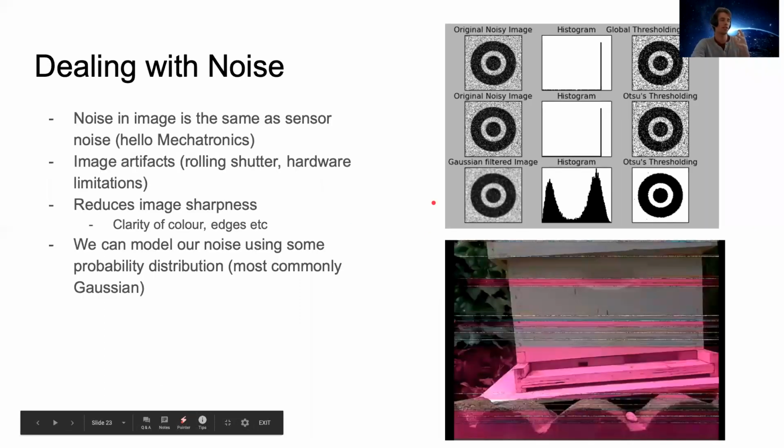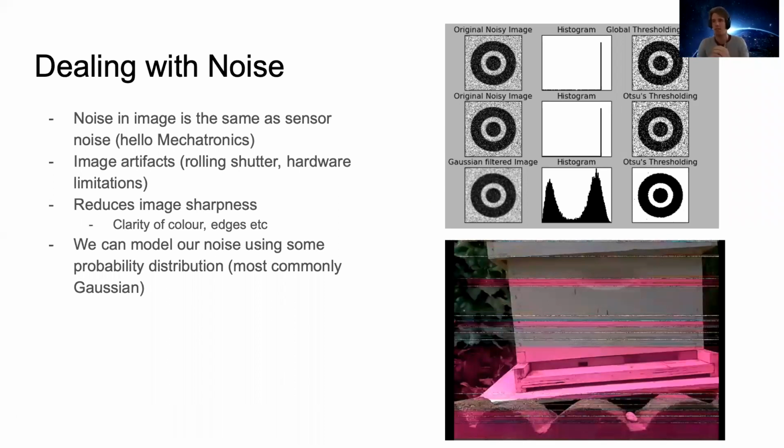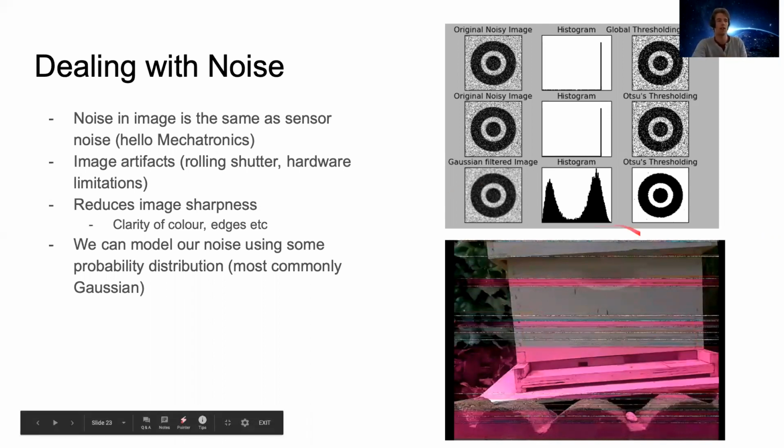Dealing with noise in an image is a huge problem. It comes from hardware issues, the same as dealing with a sensor, which is a lot of what we have to deal with in mechatronics. We can also get noise from image artifacts. This here is an example of noise generated by a rolling shutter effect.